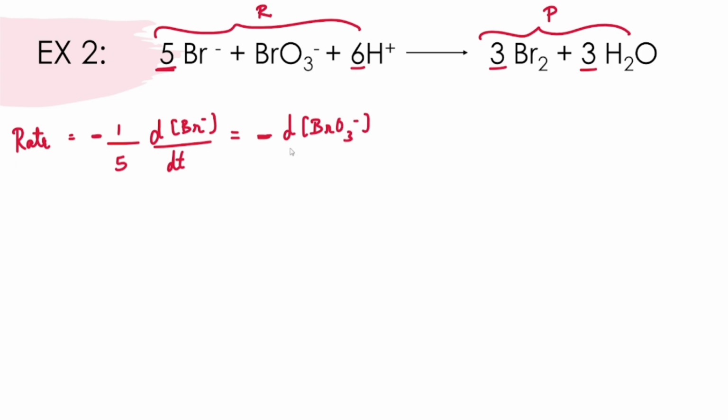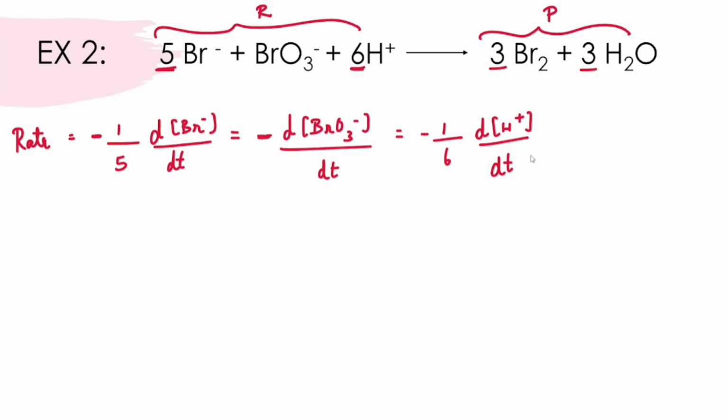Equal to negative of, here the stoichiometric coefficient is 6, so we have to take the reciprocal, so 1 by 6 d of H plus by dt. That's it, students, for the rate expression for the reactant side.